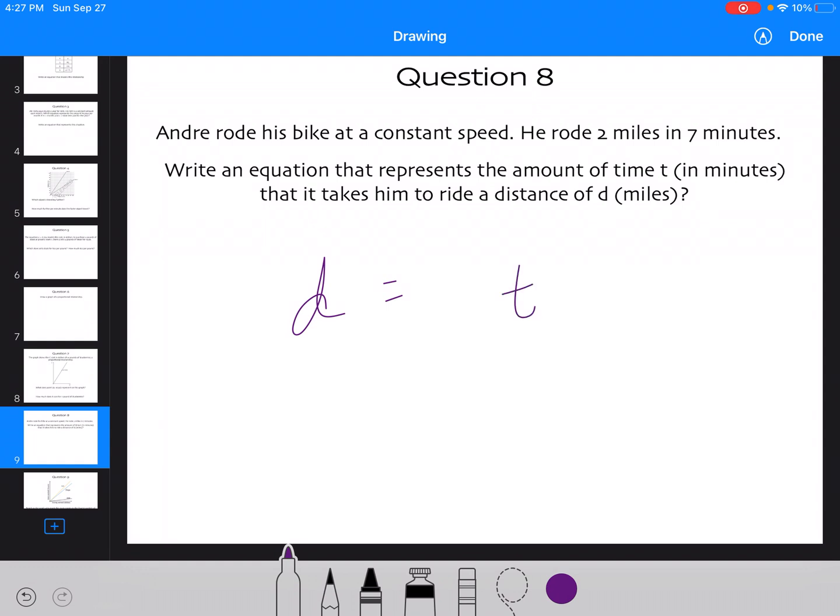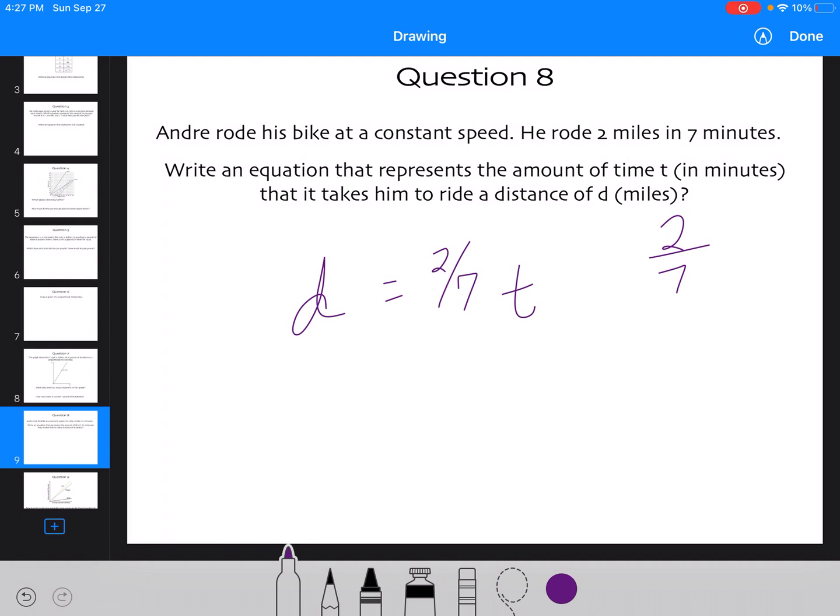So I know that because when I read it, it says 2 miles in 7 minutes. So that tells me that I want to figure out how fast he can go 1 mile. So I'm going to do 2 divided by 7. And I get this crazy number. So I'm going to just put 2/7 in for my rate.